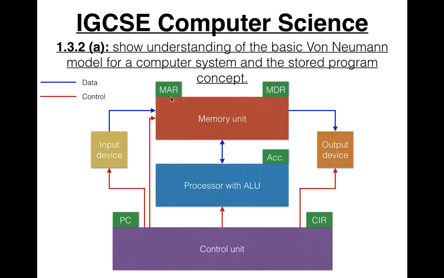These green things are called registers. If you remember from the fourth video, we looked at registers like controlling a washing machine, where we changed the ones and zeros to do different functions of the washing machine. Here it's a little bit different.